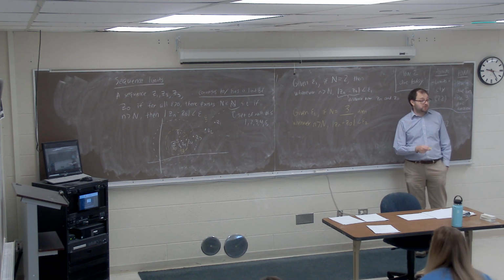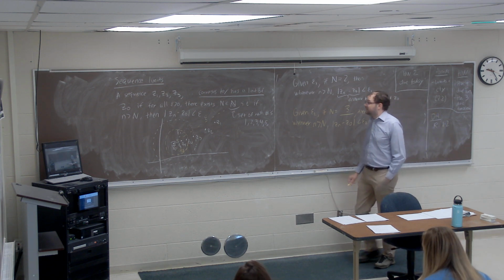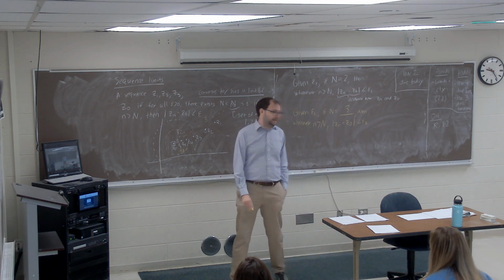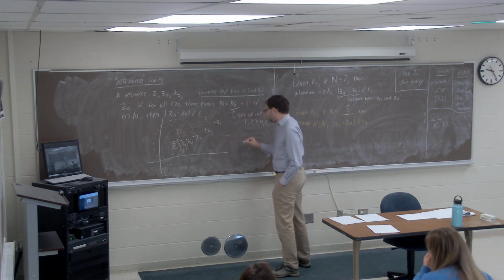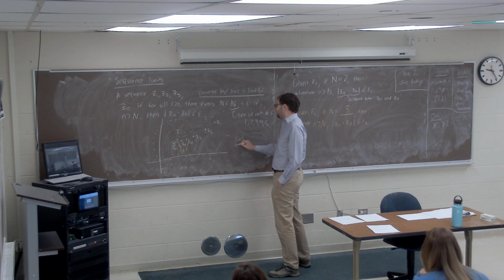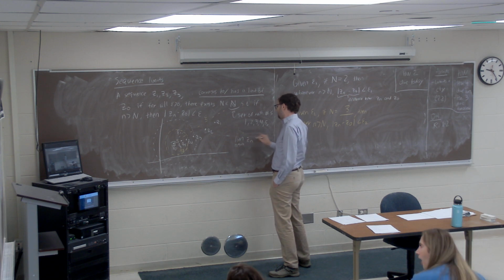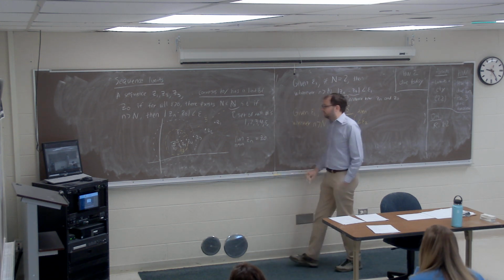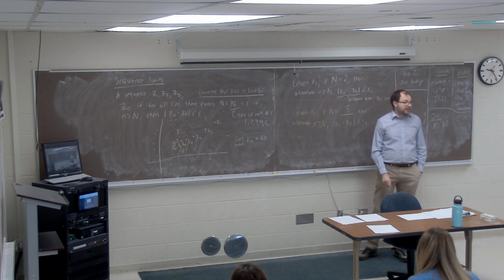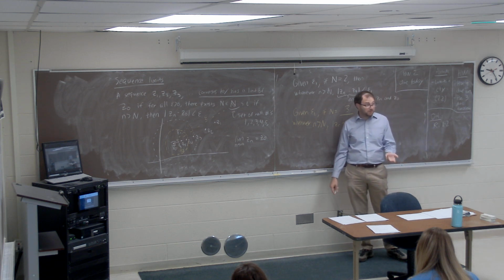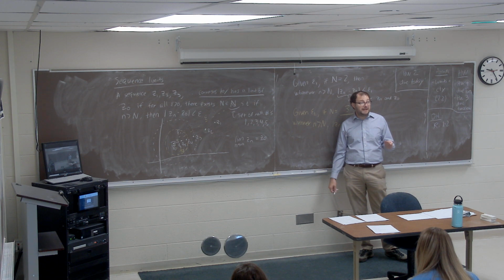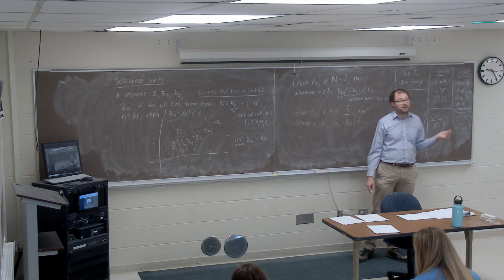To prove that the sequence converges to z naught, which we denote as the limit as n goes to infinity of z sub n equals z naught, we have to show that no matter how small an epsilon I give you, you can always find a big N past which every term in the sequence is within that distance epsilon from z naught.